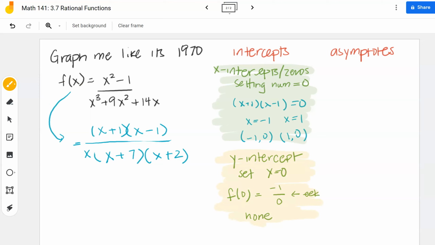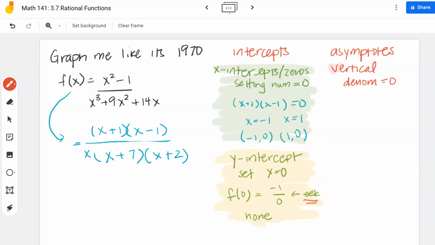And then we move to our asymptotes. For our asymptotes, let's start first with our vertical asymptotes, because we've already factored the bottom. We know anything that makes our denominator equal to 0 is something that results in a problem.